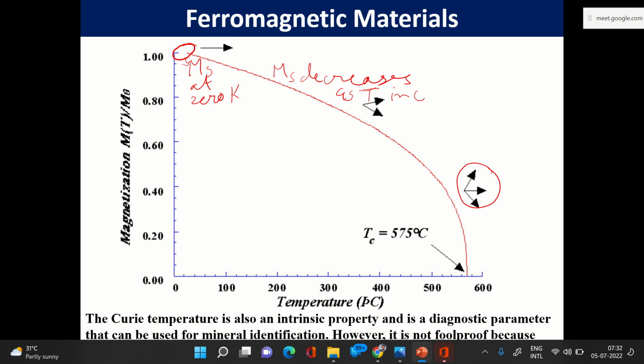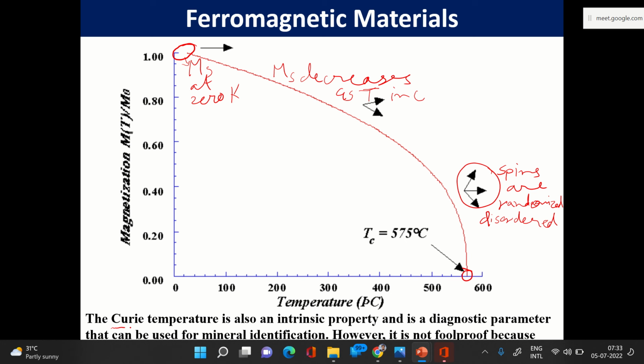There is more randomness, you can see spins getting randomized, or you say disordered. The order that was achieved earlier at lower temperature is now getting lost, and finally at some point it will become zero.